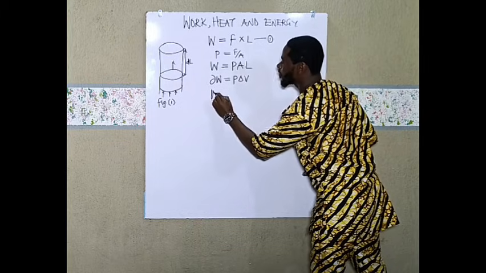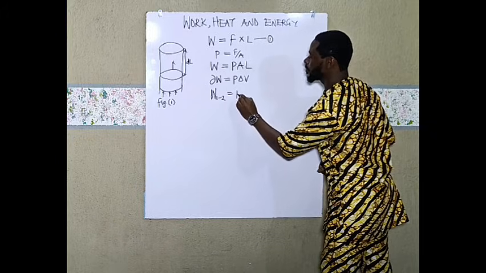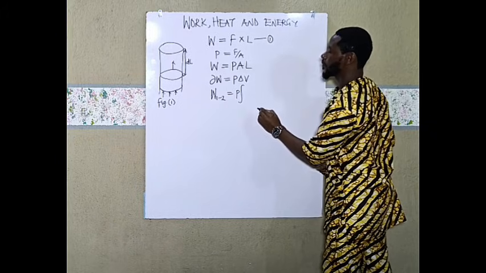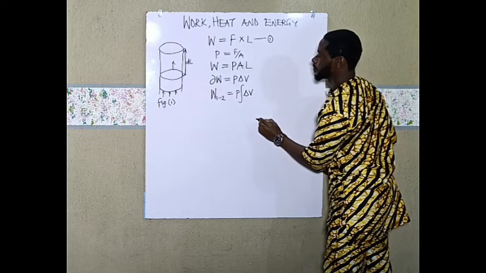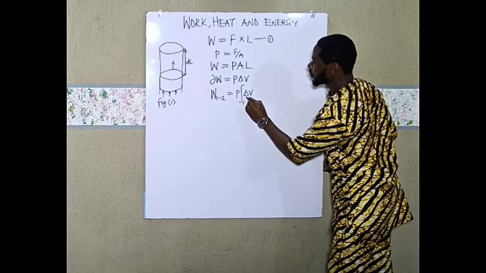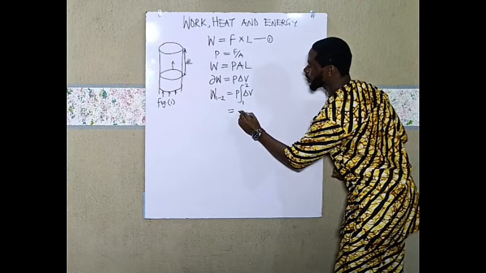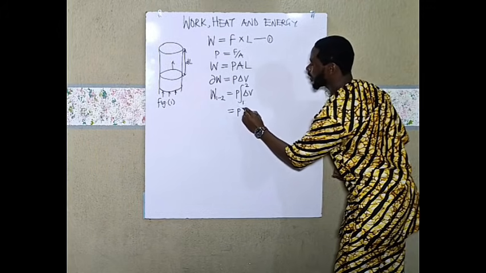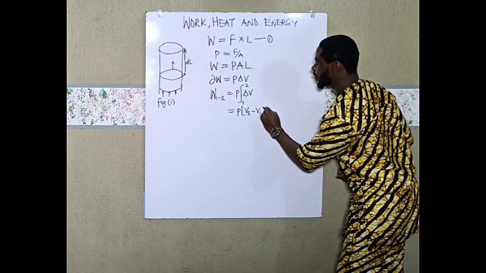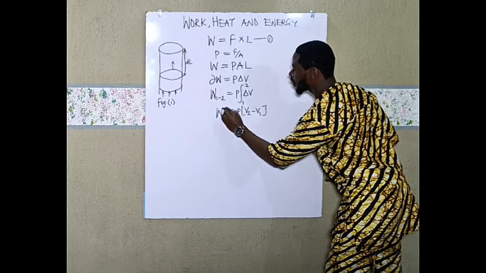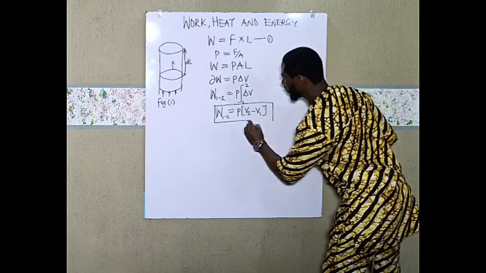So the work done from state 1 to state 2 equals P integral dV. Therefore, the expression becomes P into bracket V2 minus V1. That is the work done in a piston cylinder arrangement.